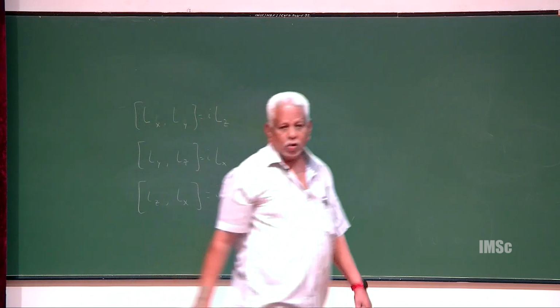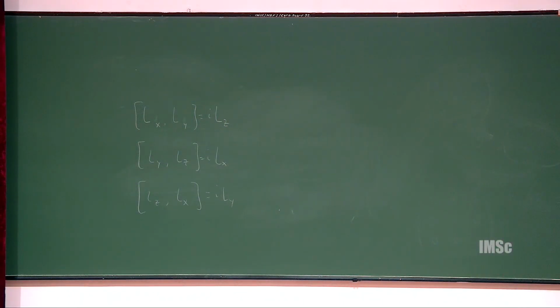These 3 objects, that is what your R cross P is. What are the sizes of the matrices which you can find for Lx, Ly, Lz? Already I have found one, the 3 by 3 matrix, which I explicitly found for you, right?